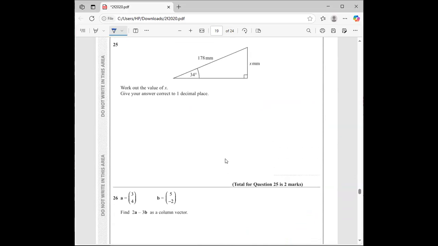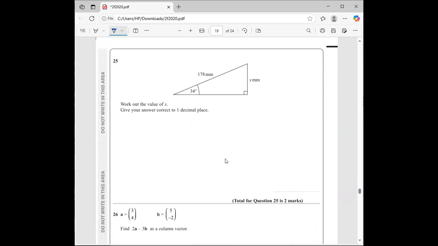Let's move on. Seems to me that number 25, it's not Pythagoras. This one is different. It's SOHCAHTOA. But let's see which of the SOHCAHTOA they want. It says work out the value of x.